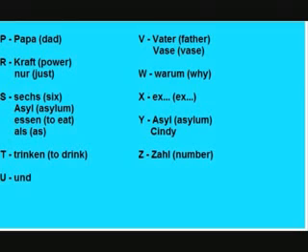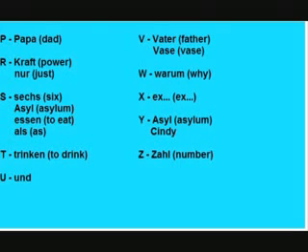The T is pronounced like in English, so T, like in trinken, so to drink. The U is pronounced like U, like in und, so and. The V has two ways to pronounce. In original German words, it's pronounced like F, like in Vater, father.